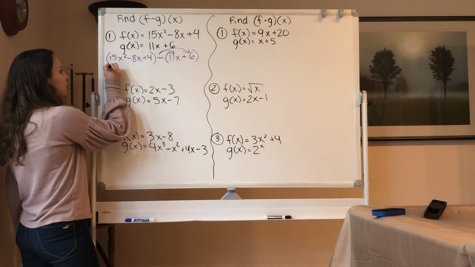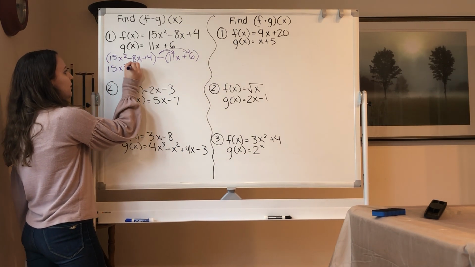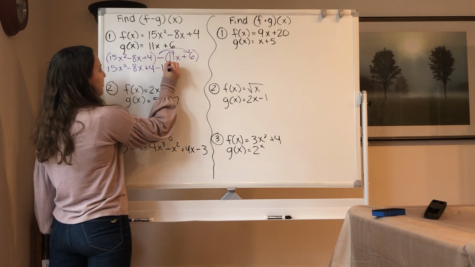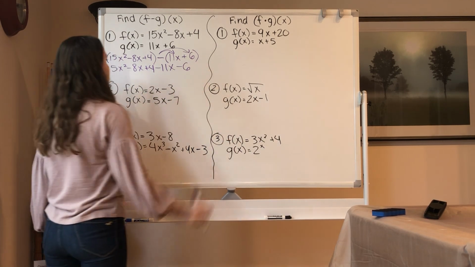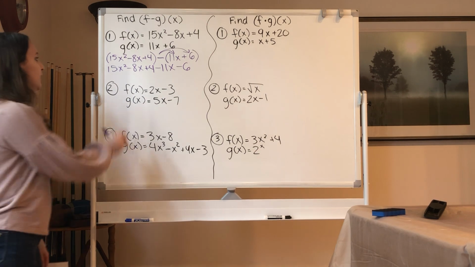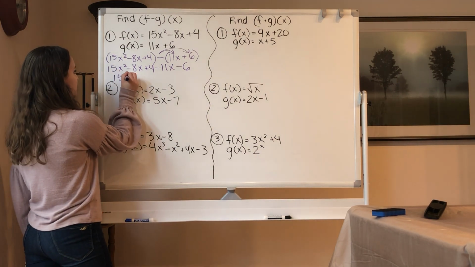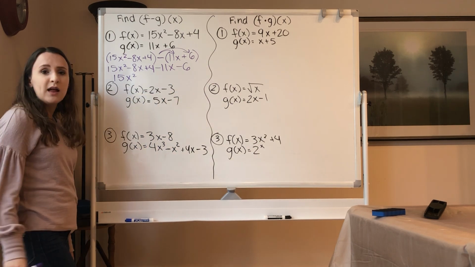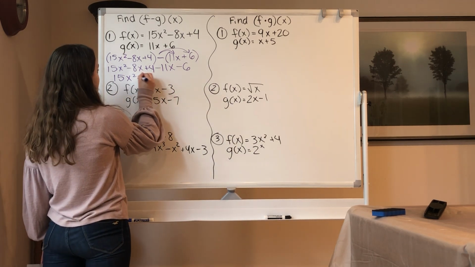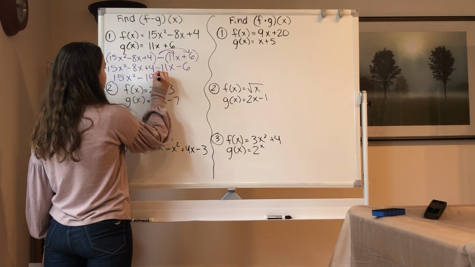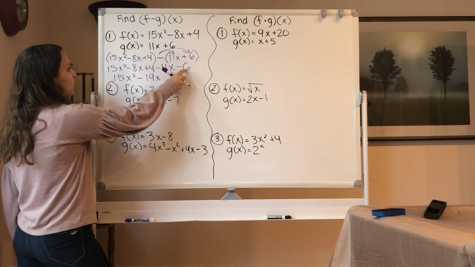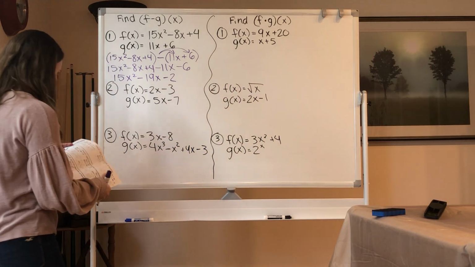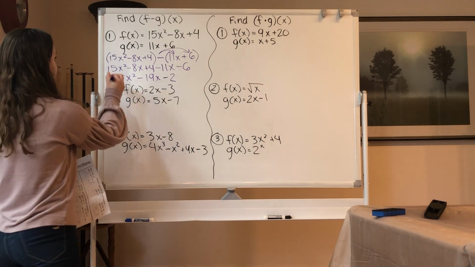So now you have 15x squared minus 8x plus 4 minus 11x minus 6. 15x squared is our first term. Negative 8x minus 11x is negative 19x. And positive 4 minus 6 is negative 2. So this is your final answer.